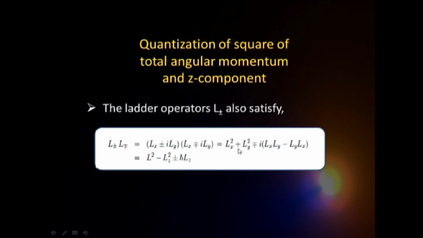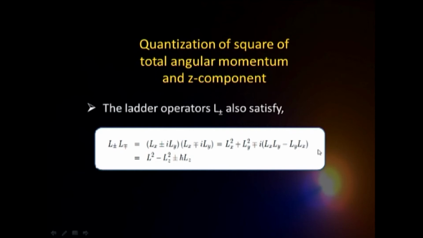So, the first Lx square, Ly square plus Lz square, these 3 terms are the summation, and if we want to replace it by L square, we can write the first 2 terms as L square minus Lz square. This is the expression we can get, and the last term is going to give us the h cross Lz term. It is a simple algebraic expression that we are working with.